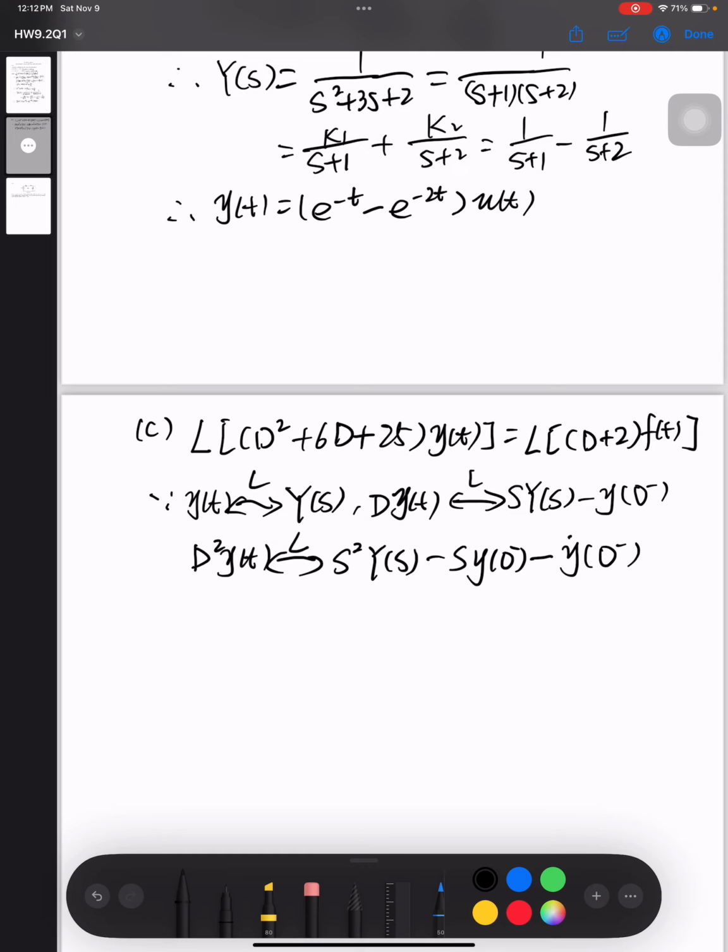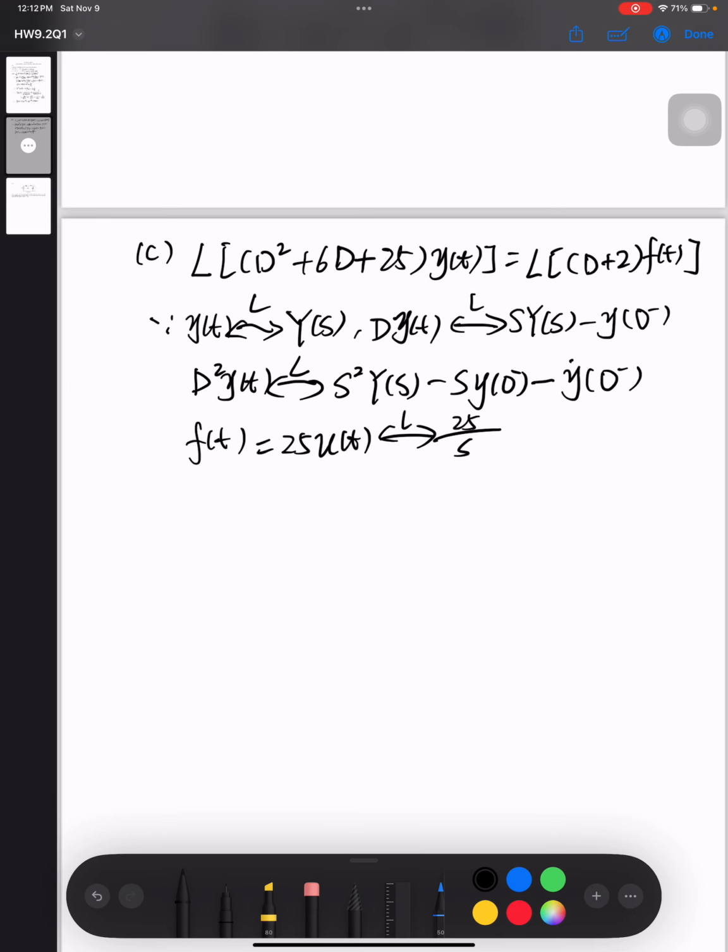And for f(t), which is 25 u(t), its Laplace transform is 25 over s.